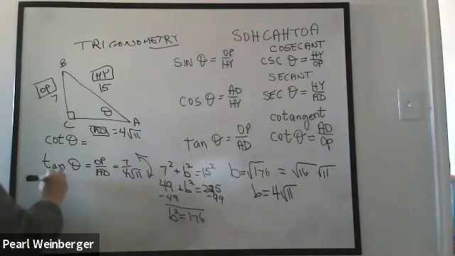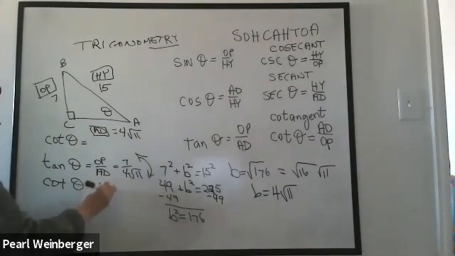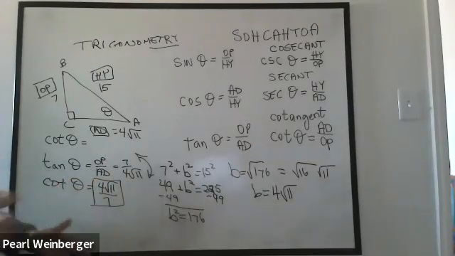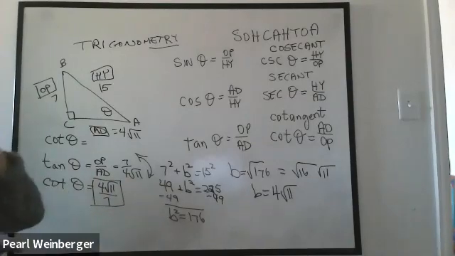So the cotangent of theta is going to be 4 radical 11 over 7. So finding the cotangent is just one step more than finding the tangent. All you had to do is take the reciprocal of the tangent once you found it, and that'll give you your cotangent.